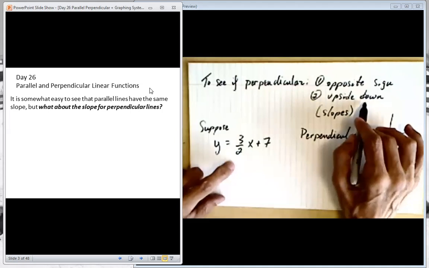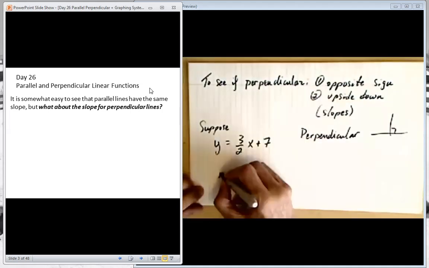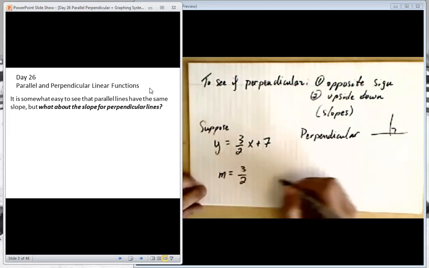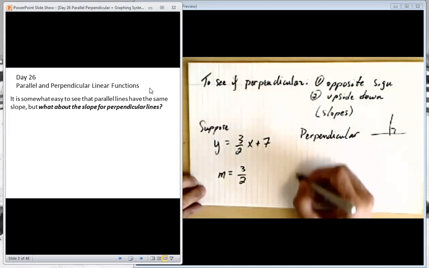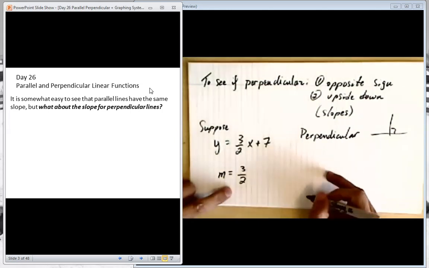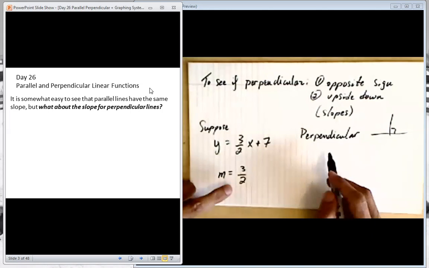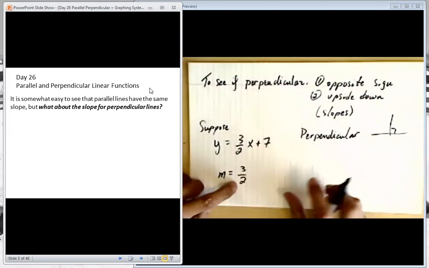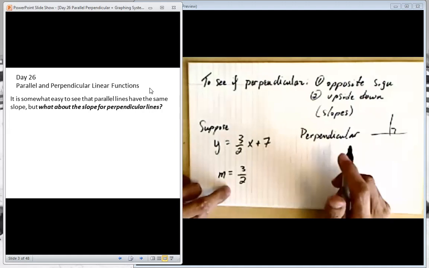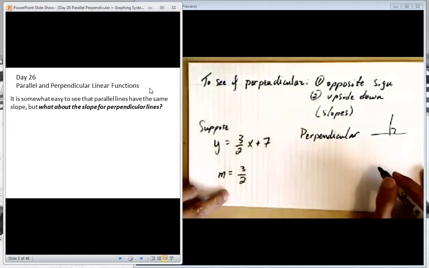So what's the slope over here? 3 over 2. And so for the perpendicular part, we wanted opposite sign, right? So it's positive here. Means we want a negative over here. And instead of 3 over 2, we want it switched, if you remember. 2 over 3. Yeah. Okay.